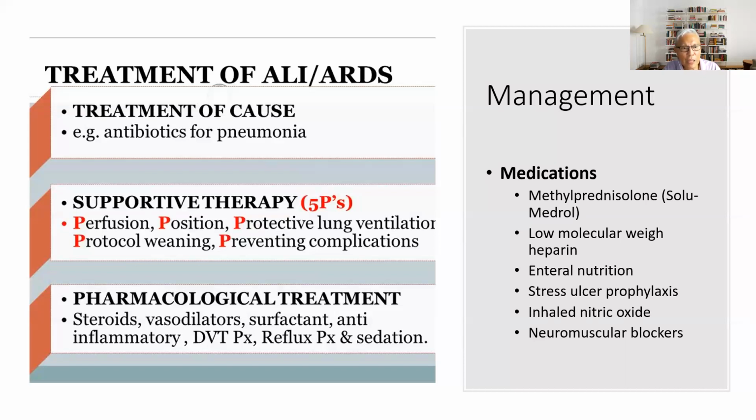And usually, these patients will also get low molecular weight heparin, like enoxaparin. And this is to prevent thromboembolism, unless, of course, it's contraindicated. And then enteral nutrition, the earlier we give the patient food, the much better the result is going to be.